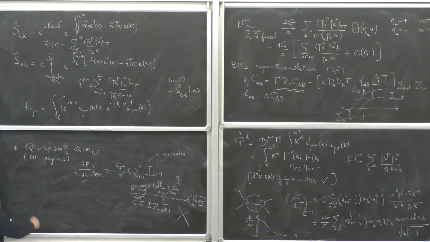And now let's try to see what happens if we do the opposite, right? If we first go in the regime in which the masses are much smaller than the energy, and then for in particular of this Q, then in this regime you find the following formula, which was in fact obtained in papers by Addazzi, Bianchi, and Veneziano.